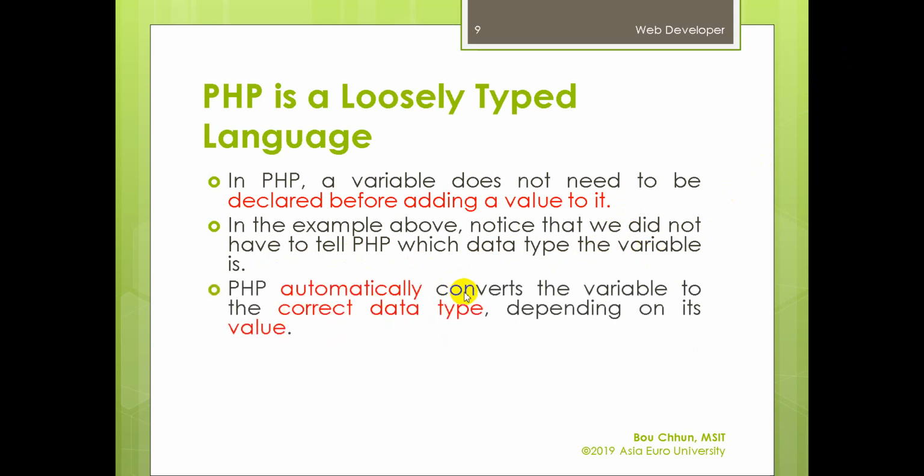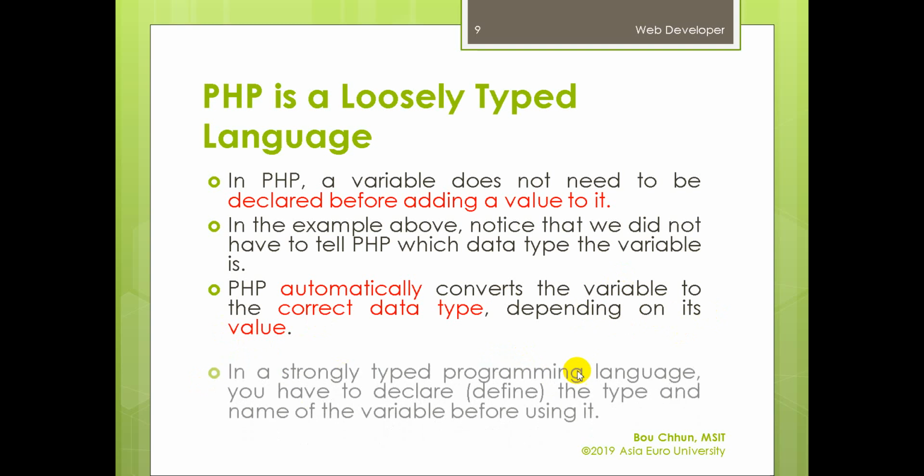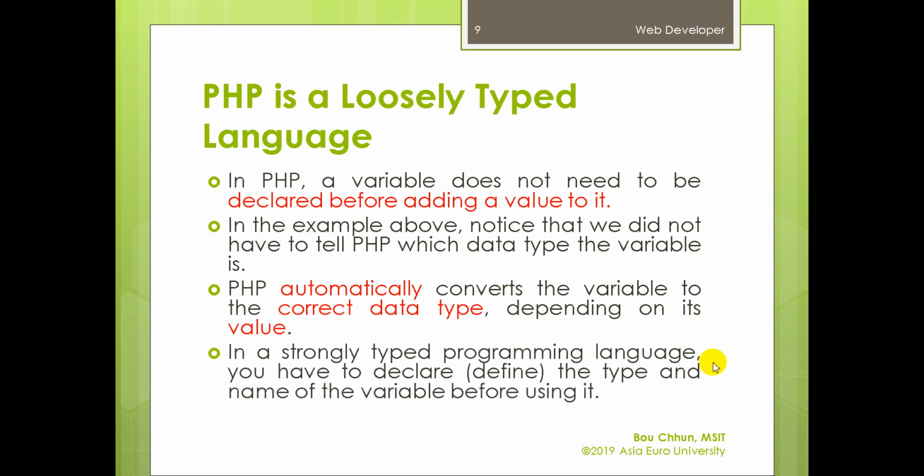PHP automatically converts the variable to the correct data type depending on its value. This is different from other languages, where you have to declare or define the data type and the name of the variable before using it.